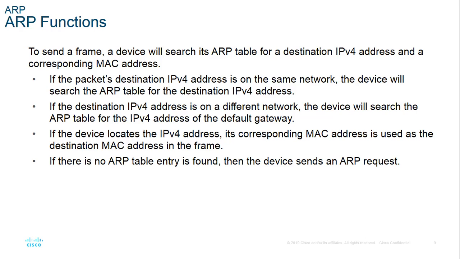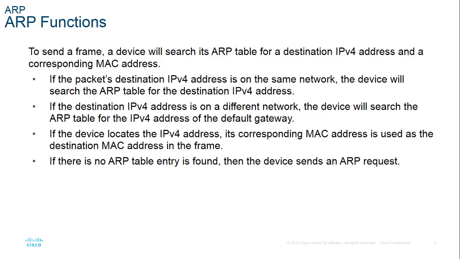So second step, if the destination IPv4 is on a different network, the device will search the ARP table for the IPv4 address of the default gateway instead of the destination IPv4 address, as per the first point.